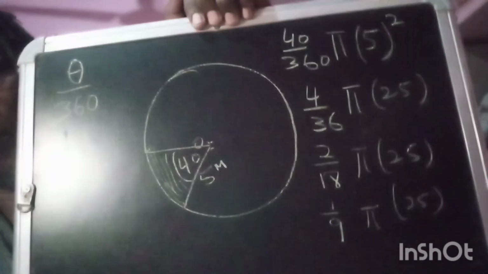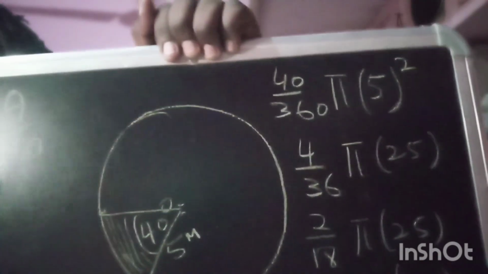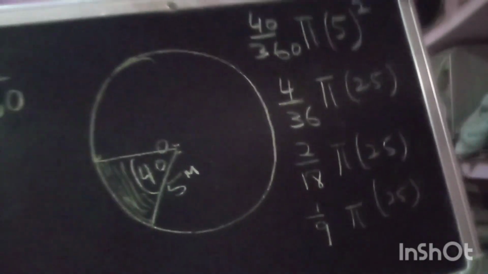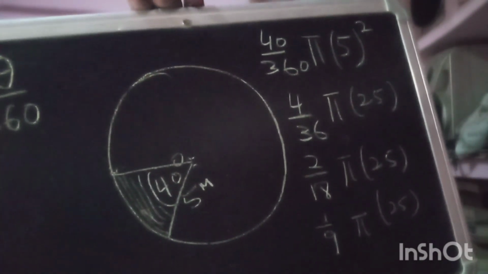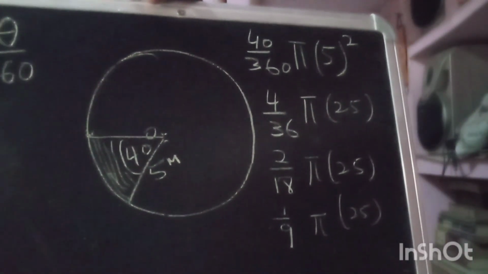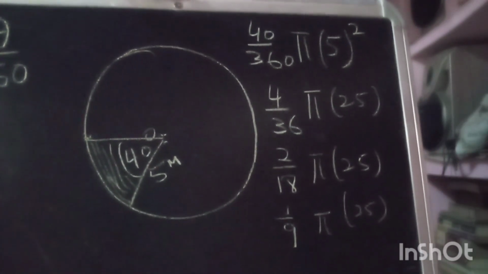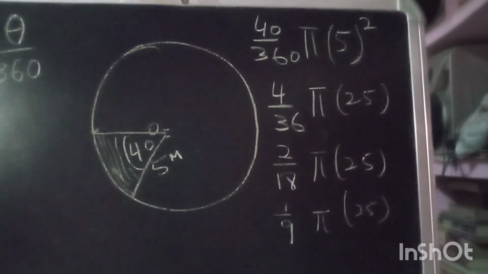I know you know what a circle is, so I don't have to tell you these things. You know what a radius is, you know what a diameter is. If you are watching this video, you must have this knowledge, and you want to find the shaded area. Okay? Cool.